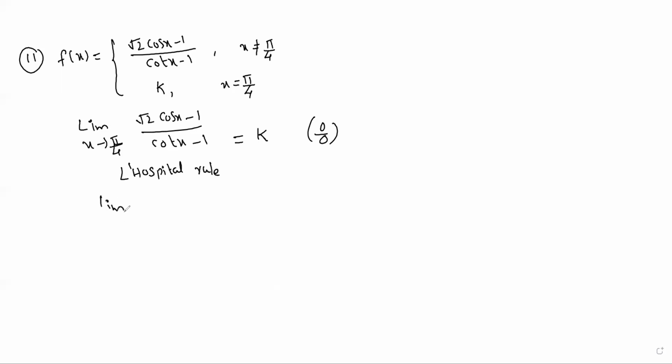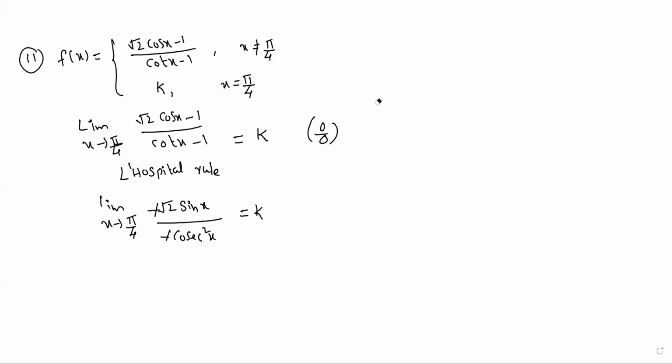L'Hospital rule we are applying to get into a determinate form. How to apply L'Hospital rule? Already we explained 2 models. Now root 2 into the derivative of cos x, minus sin x, that is minus root 2 sin x, derivative of 1 is 0. Cot x derivative is minus cosecant square x, derivative of 1 is 0, that is equal to k. Now here clearly 1 gets cancelled, minus minus cancel. Now I can substitute the limit directly, no problem.